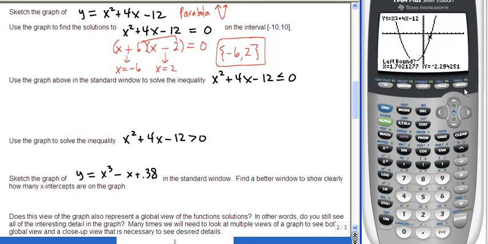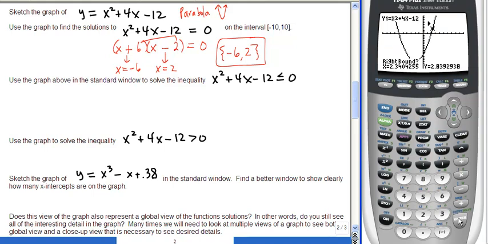It's a little bit to the left, and in this case that also means a little bit below that x-intercept. Once you move your cursor into position, you hit enter. Now you'll see this little arrow on the top that marks where that left bound was, and now it's asking for the right bound. So we're going to move our cursor a little bit further to the right, and this time I want to be a little bit to the right of that intercept, which on this graph means a little bit above it.